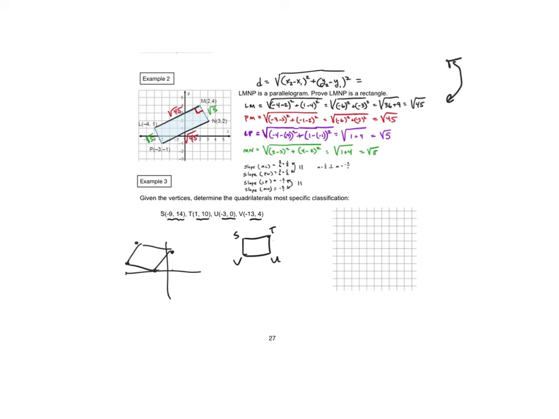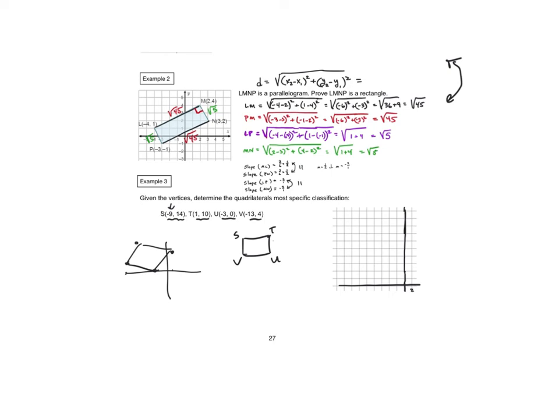So if I were to put that on the coordinate plane, we're going all the way over to -9. So what I'm going to do is count by 2s. That's just going to make things easier.